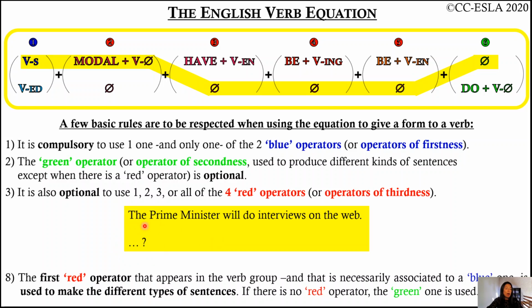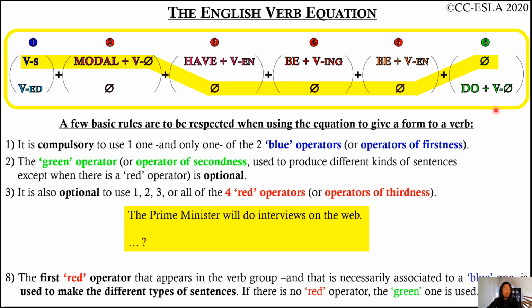Let's also take another example, this time the positive interrogative sentence. So yes, actually the point here, we have said that the green operator is used to create all the different types of sentences starting from or opposing the positive declarative sentence.